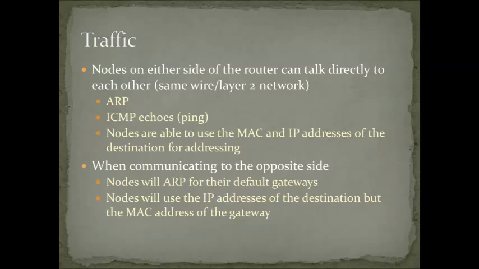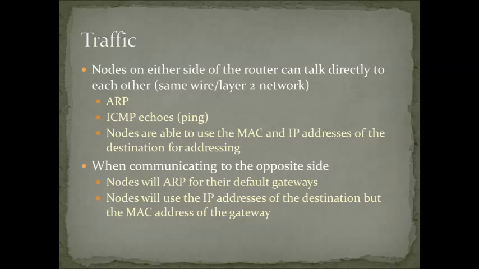This means that they can ARP for each other. They can send ICMP echoes to each other, as we might see from ping. And when nodes are sending traffic to each other, the frames will use the MAC address and IP address of the destination in the same frame. And of course, the source addressing would be for the MAC and IP of the source.